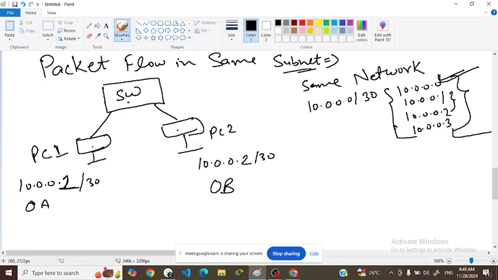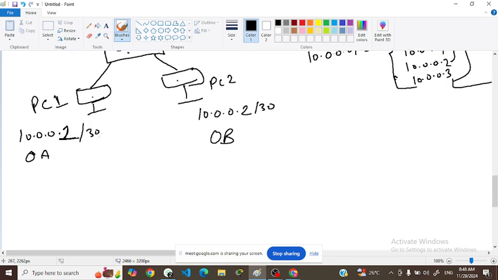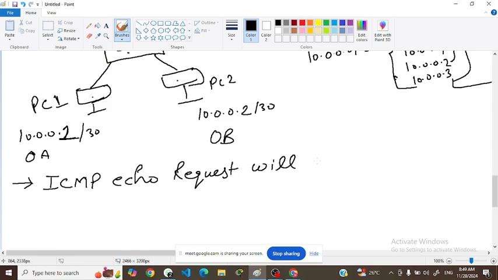So first of all, you need to understand that when Lakshman generates the hello message, an ICMP echo request will be generated from PC number 1.